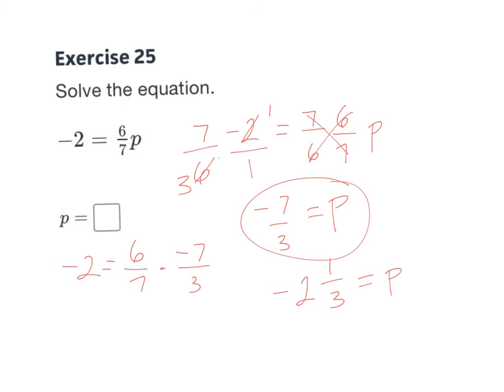Cross canceling, I get 3 goes into 3 once, 3 goes into 6 twice. 7 goes into 7 once, 7 goes into 7 once. 2 times negative 1 is negative 2. Negative 2 over 1 is the same as negative 2. I get negative 2 is equal to negative 2, and there's your check.